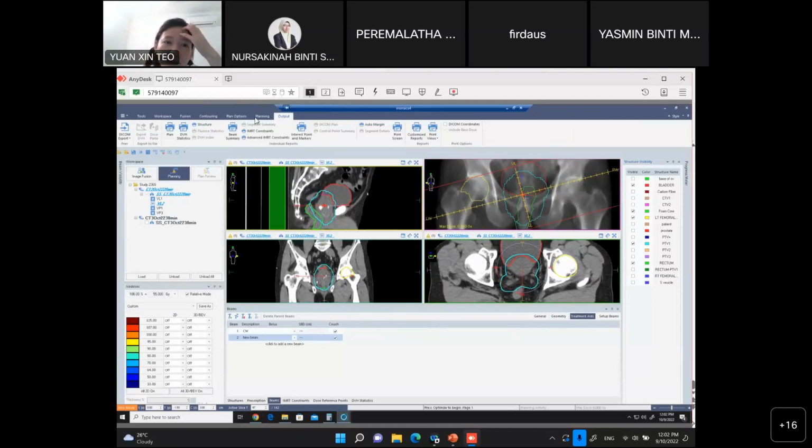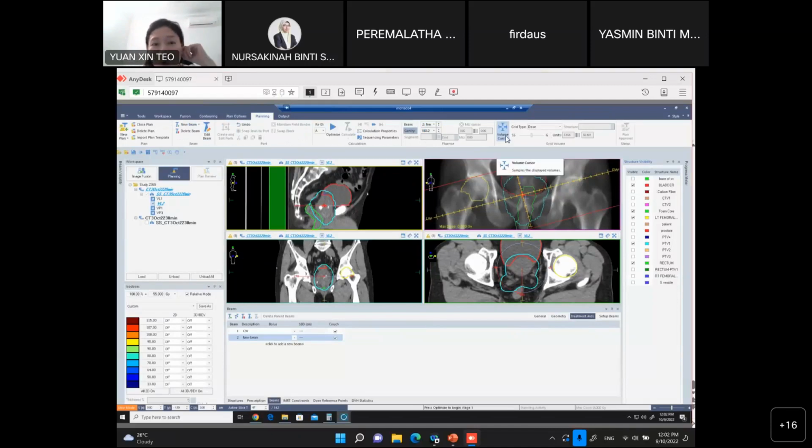Normal tissue density is normally 1, but for the couch, you can see here, there is some minor electron density. It depends on which couch you purchase. So normally we will put in this couch factor for the computer's calculation purposes.